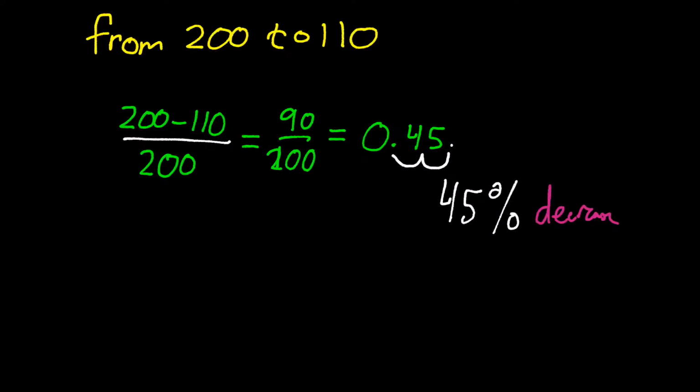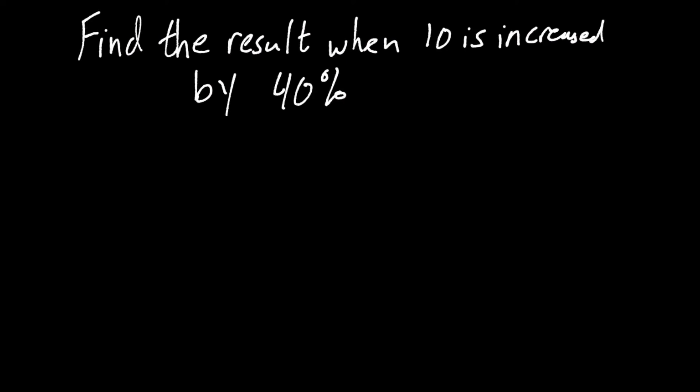Let's take a look at some examples to see how we would handle that. Now we are being asked to find the result when 10 is increased by 40%. So we know our starting number is 10. We know we are increasing its value, and we know we are increasing it by 40%, but we don't know what the final number will be.